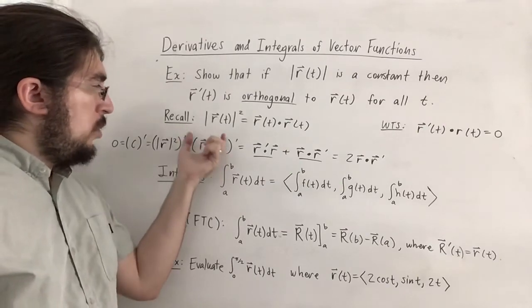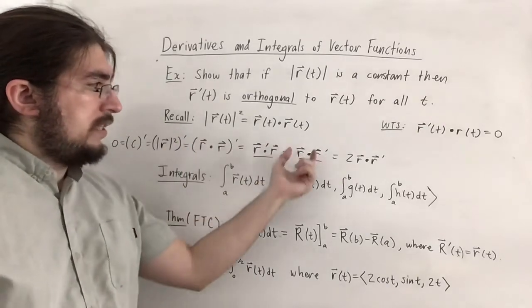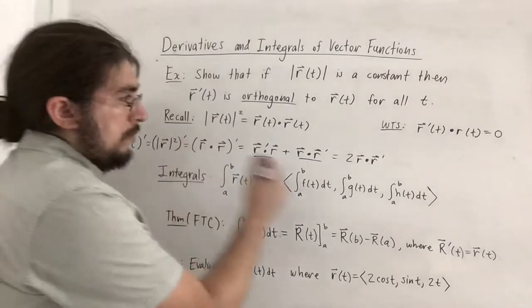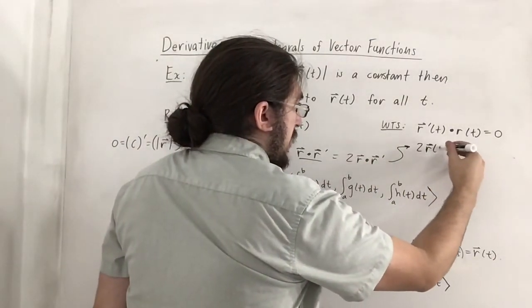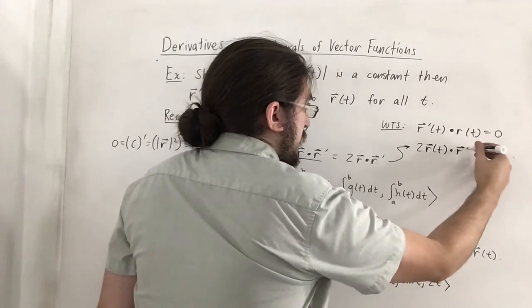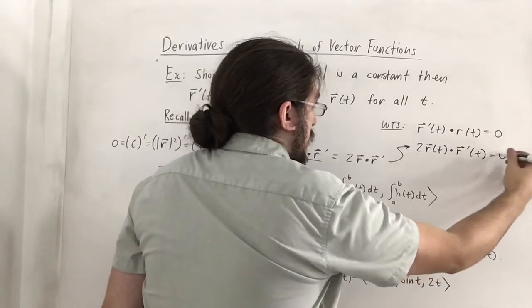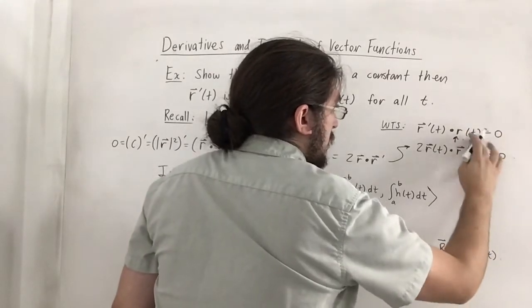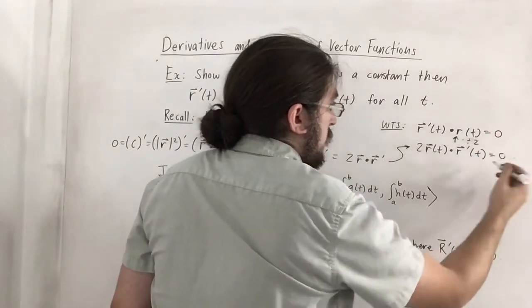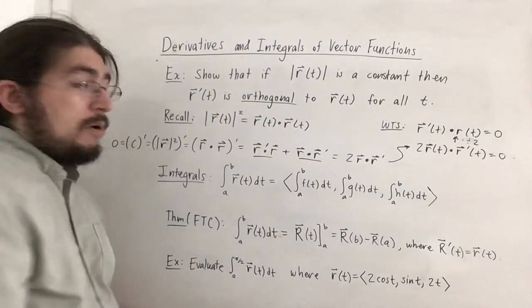And then the derivative of that by the product rule with dot products gives us this, which is this. So this implies that 2 times r of t dotted with the derivative must be 0, and then dividing by 2 gives us exactly what we wanted to show. So dividing by 2 gives us that equality indeed.